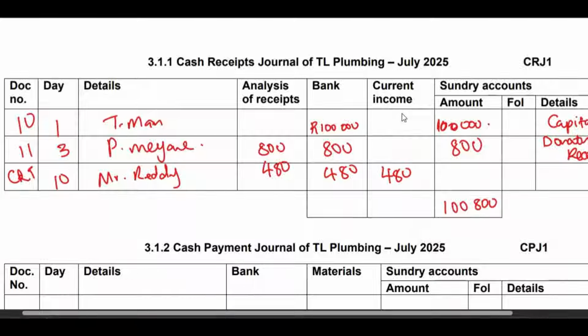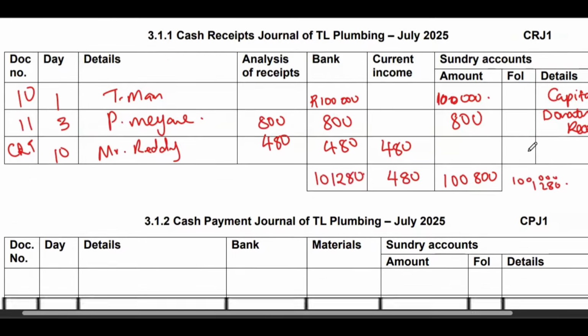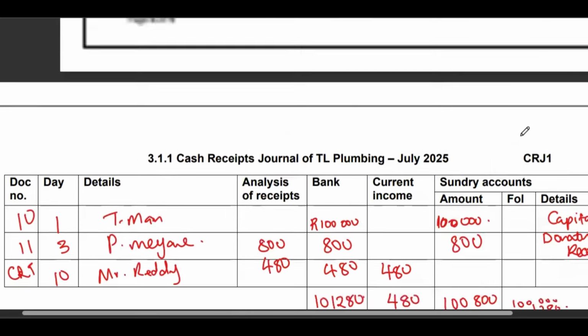Under the current income, we just have the 480. And then the bank payments, we have 1,280 and then we have 100,000. So that's going to be 101,280.